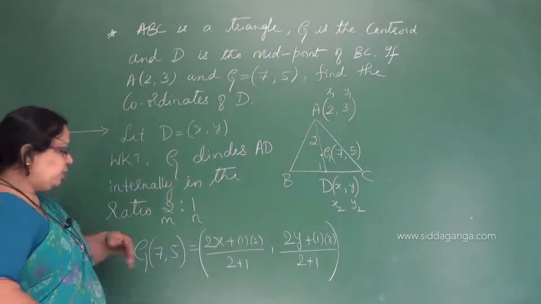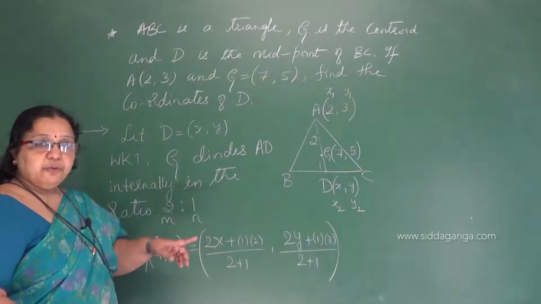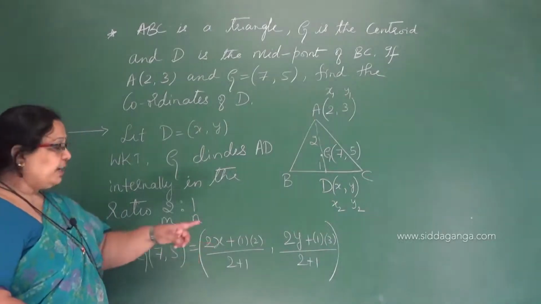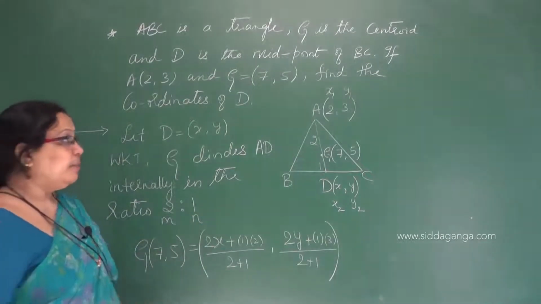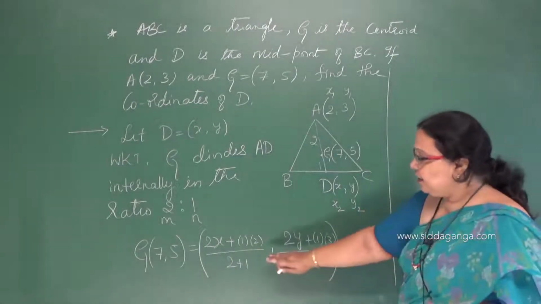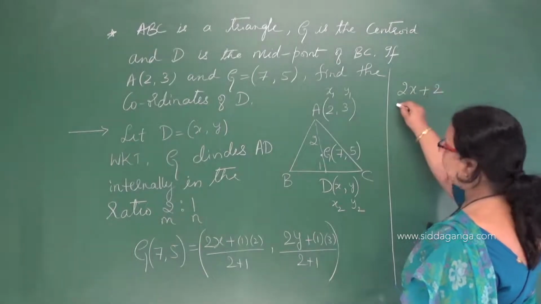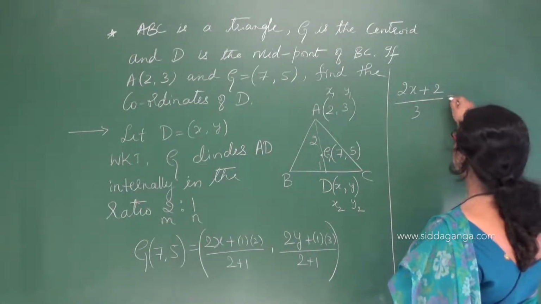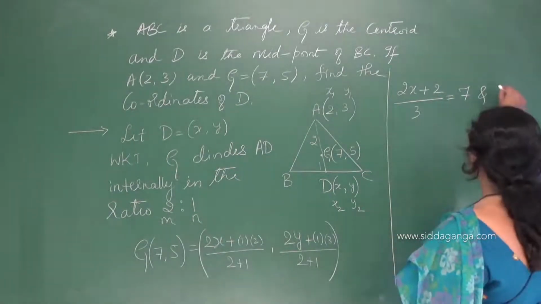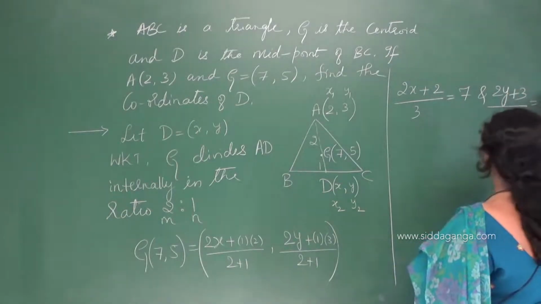Now there is an equality between the two coordinates, and hence we have to equate the x coordinate and the y coordinate to get the result. Equating the x coordinate with the right side: 2x plus 2 divided by 3 equals 7, and for the y coordinate, 2y plus 3 divided by 3 equals 5.